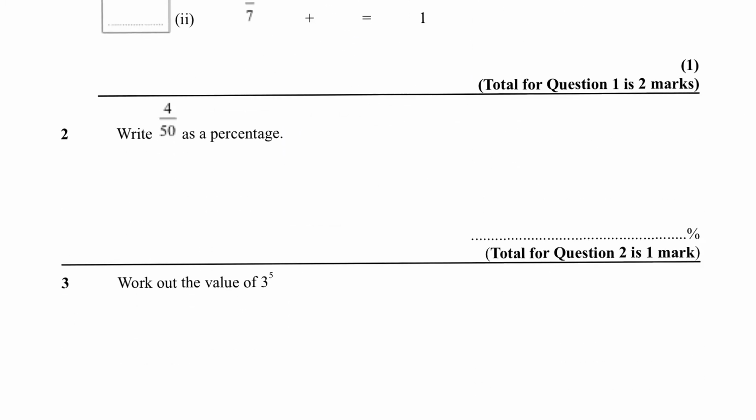Then it says write 4 out of 50 as a percentage. So when it comes to converting fractions to percentages, you always multiply the fractions by 100. So fractions times 100 equals percentage. So if you did that, because it's a nice calculator paper, you can just put into your calculator 4 over 50 times 100, and you'll be left with 8.